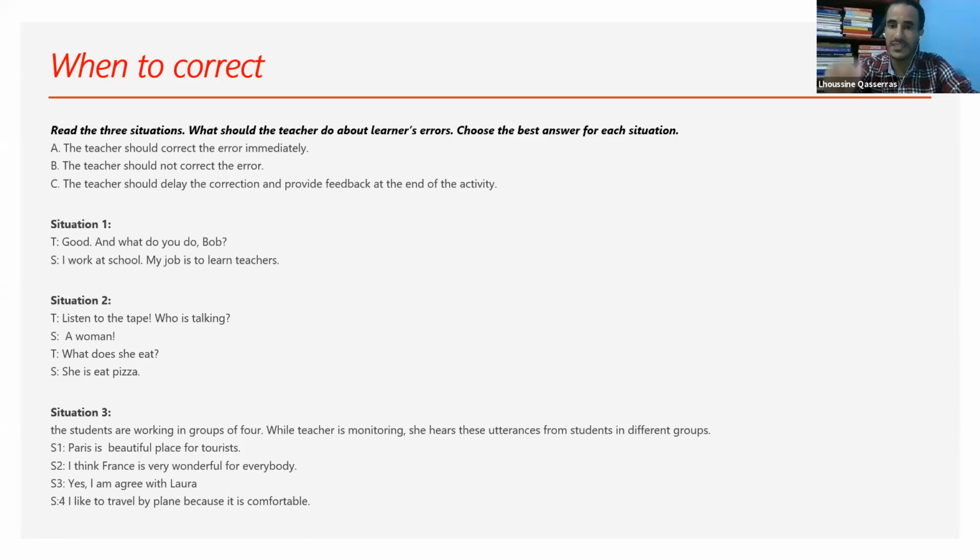So the meaning is more important, Hanan said. So you may delay or not correct, because my purpose is listening comprehension. I want to check his or her understanding. I am not testing his grammar, his writing, but his understanding, his comprehension.